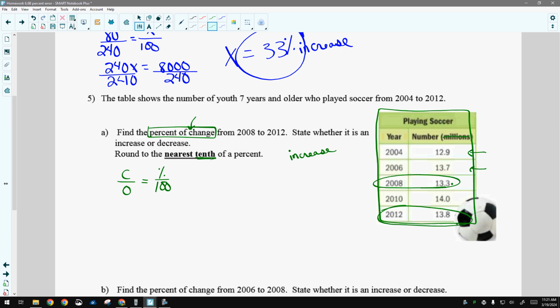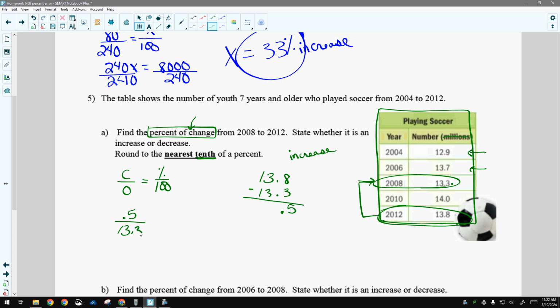So the first thing we have to do is find the change. So we're going to take our two numbers and we're going to subtract. This is a difference of 5/10, so 0.5. The original would be the one that comes first. So in this case, 2008 comes before 2012.